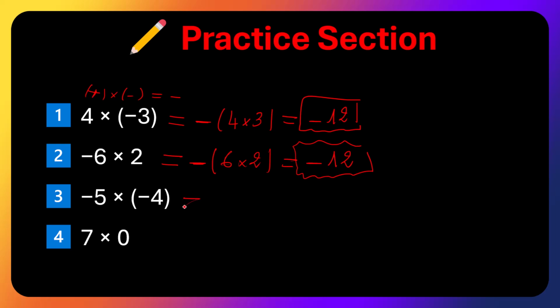For the third one, minus multiplied by minus: the rule is minus multiplied by minus equals plus, a positive number.